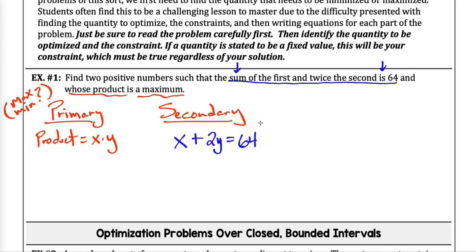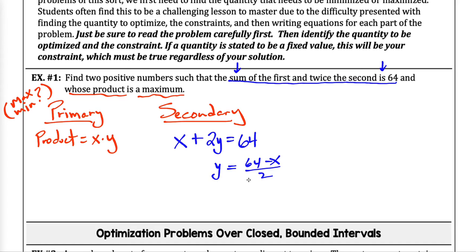I'm not going to do it exactly like that, just because it would be slightly harder, but I could. If I did solve for y, this would say 64 minus x over 2, or you could make it 32 and a half x. What benefit would that do?